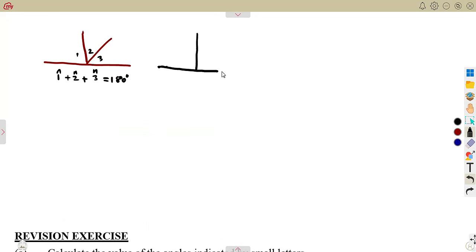Remember, just a basic before we attempt our questions, we talked of angles that can be found on a straight line, that angles on a straight line add up to 180 degrees. So if you're given this condition, angle 1 plus angle 2 plus angle 3 is supposed to give us 180 degrees. All the angles that are on a straight line, whether they are two angles or not, we also consider a right angle that is on a straight line.